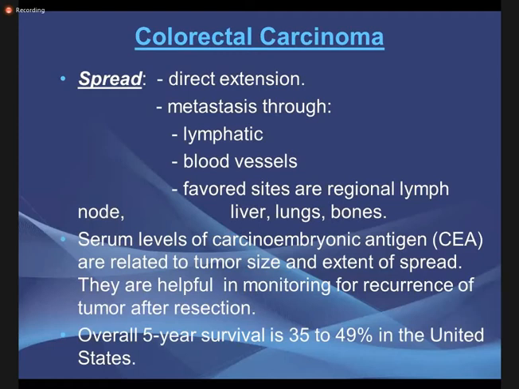Serum levels of carcinoembryonic antigen, CEA, are related to the tumor size and extent of spread. They are helpful in monitoring for recurrence of tumor after resection, and the overall 5-year survival rate is 35 to 49% in the United States.